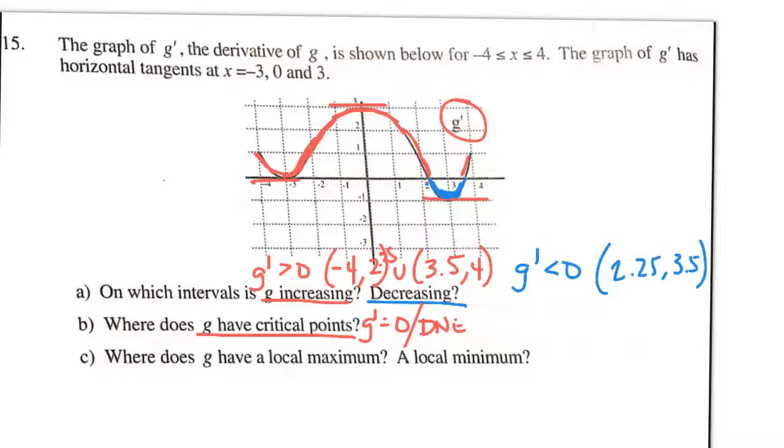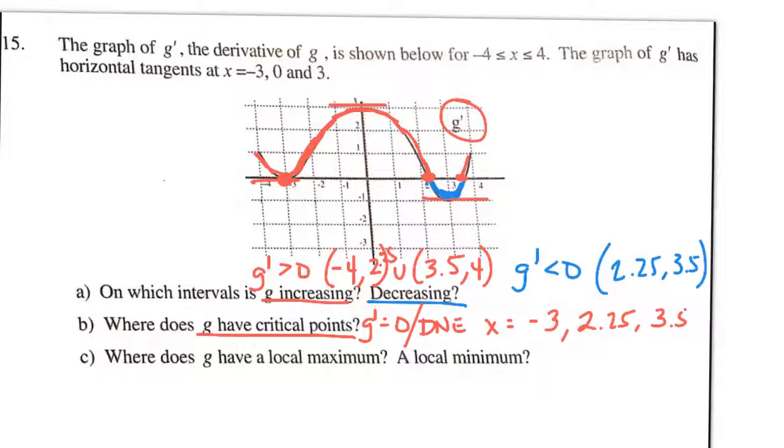But where does g prime equal 0? Looks like g prime equals 0 right here at -3, right here at 2.25 and 3.5. So at x equals -3, 2 1/4, and about 3.5.